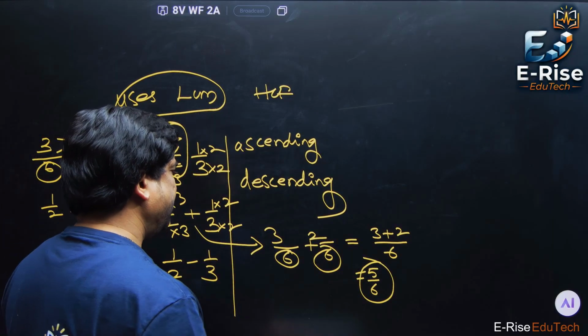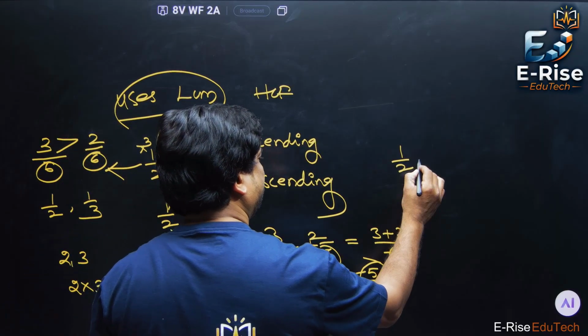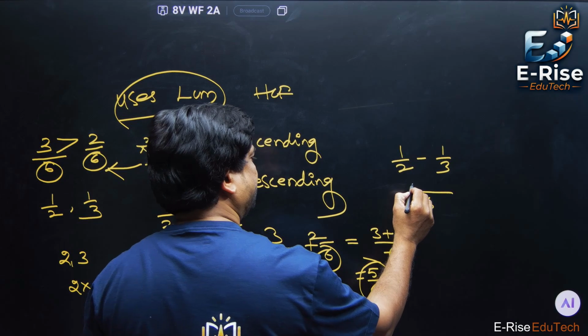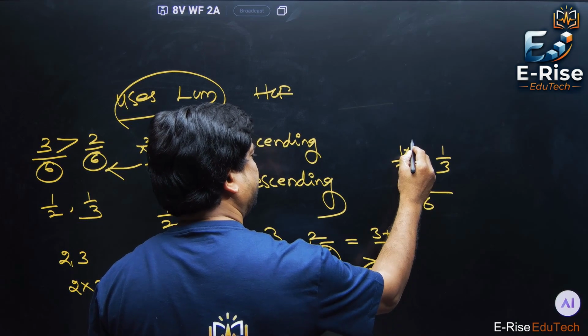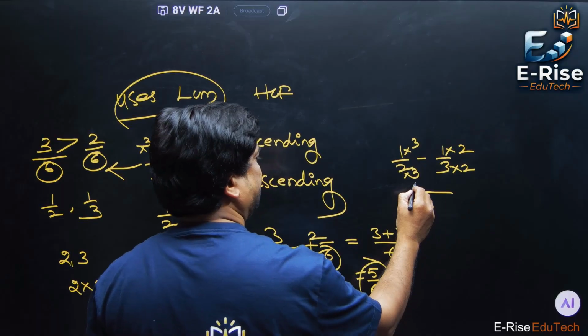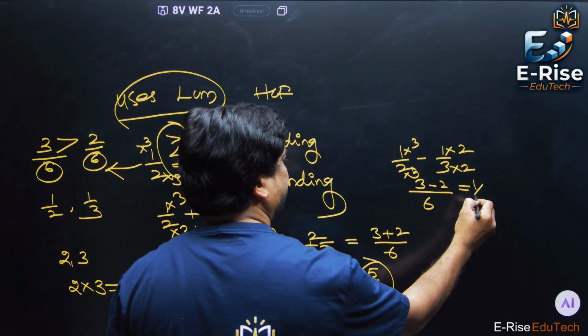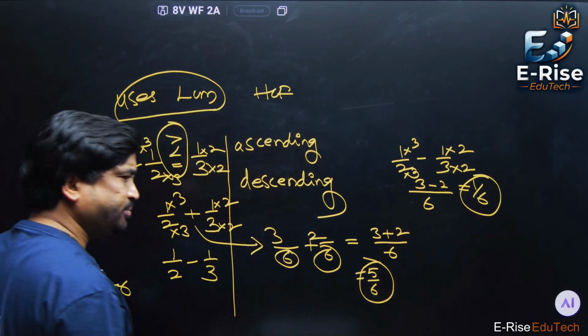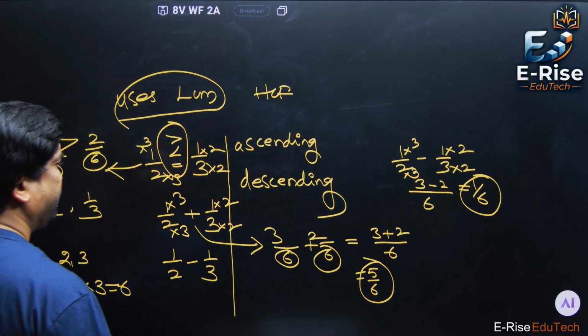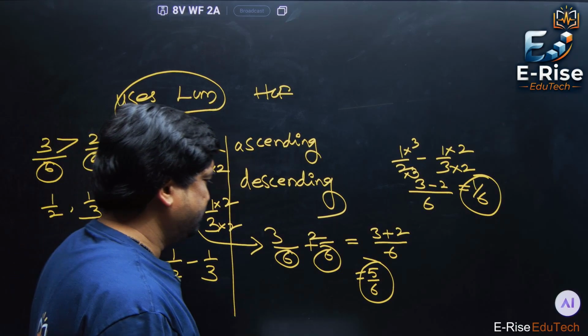Next, subtraction is the same thing: 1 by 2 minus 1 by 3. The LCM is 6, so multiply by 3 and by 2. 3 minus 2 is 1 by 6. Okay, this is the use.